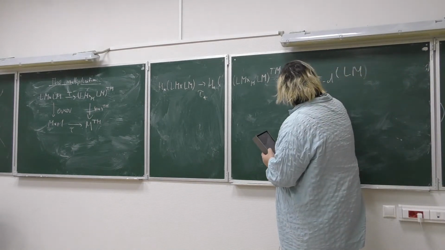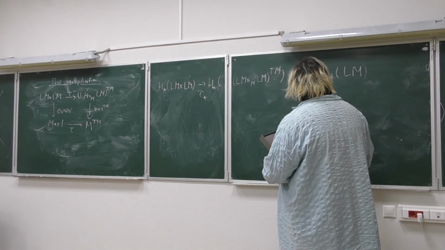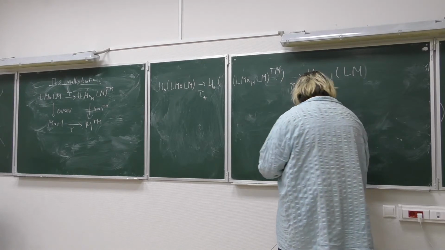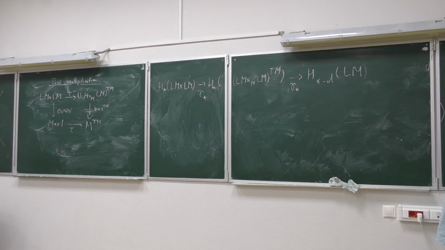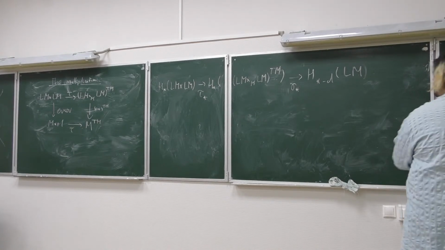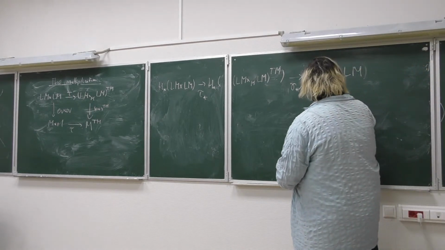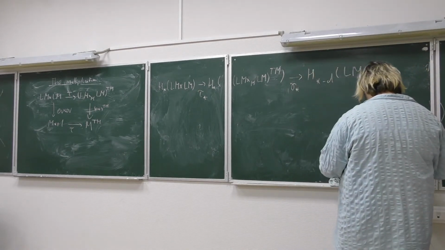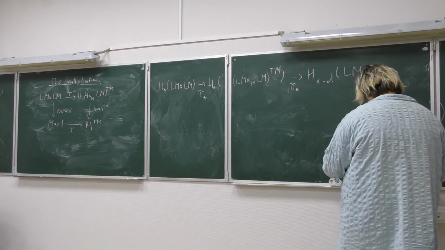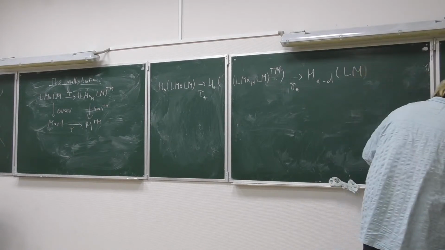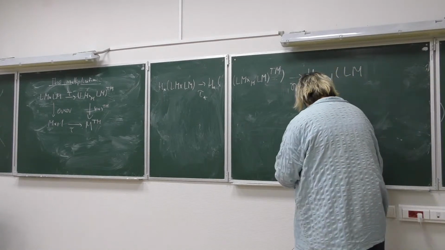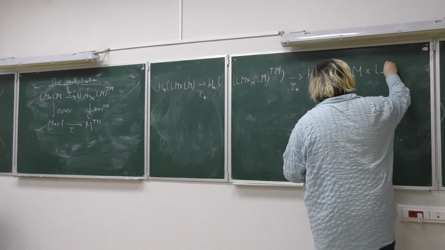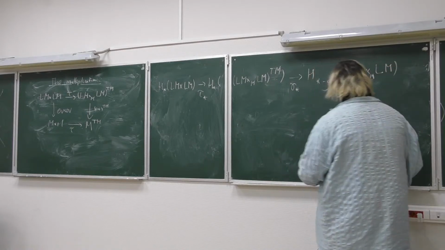Yes. But wait a second. Let me check, because I think that I made a mistake. I'm not reading from the original paper. I'm reading from my notes, and I think that I made some stupid mistake here, because this minus d is supposed to come from the Thom isomorphism, but it looks like it works. So I was obviously wrong here. Yes, so it should look like this.